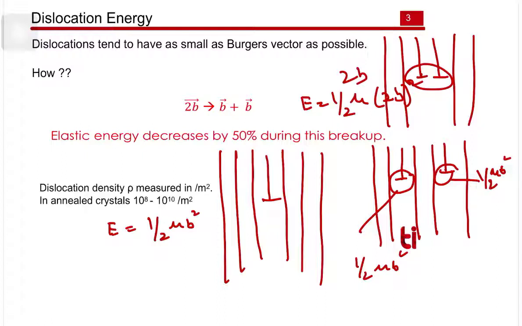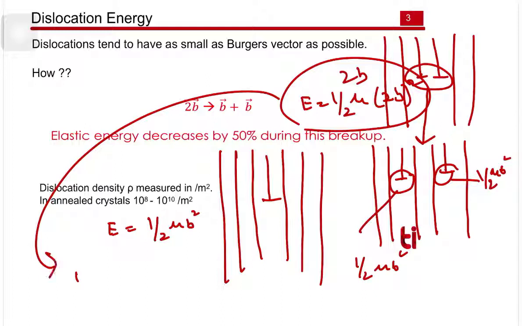Whenever this is the case, because every material wants to be in an equilibrium state, when energy is high and distortion is high, they want to remain in the equilibrium state. So they split like this to reduce their distortional energy. Initially, E comes out to be 2 mu b square.